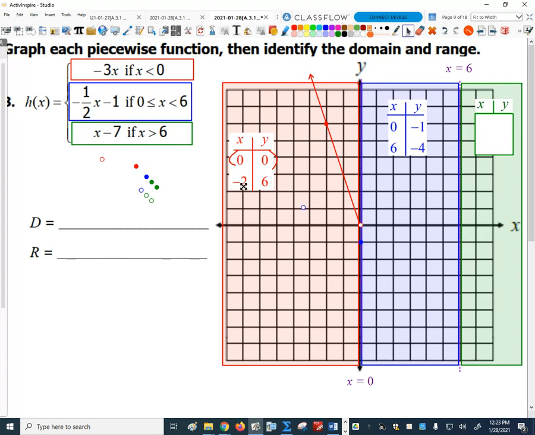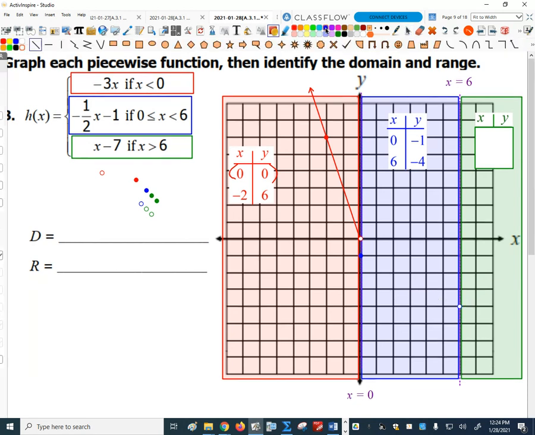Okay, so that one's going at 6, negative 4, so right there. And then all I got to do is just connect those with a segment. There it is. So there's my blue piece. Everybody good?